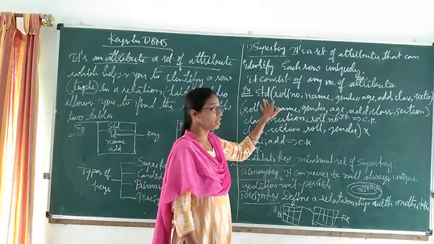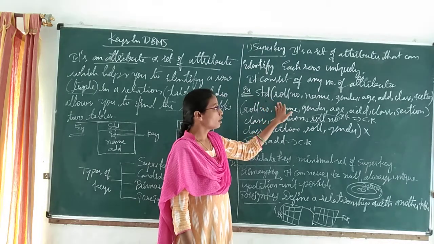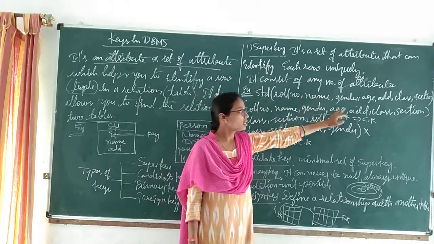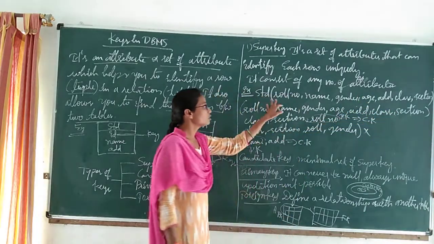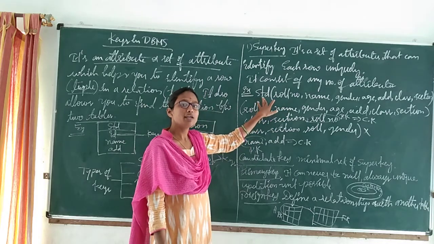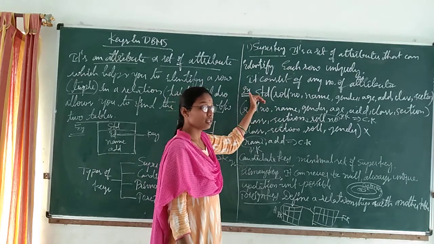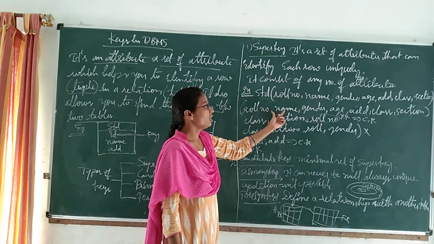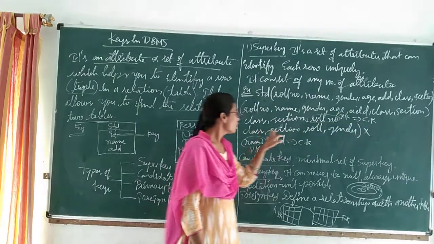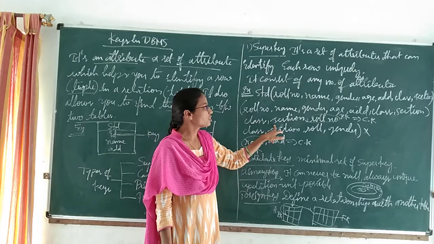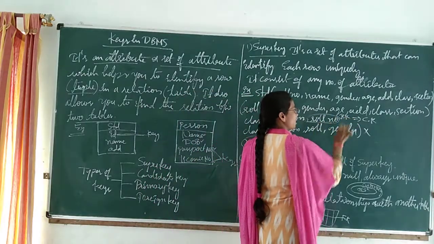Example, the student relation. The student has the attributes roll number, name, gender, age, address, class, section. These are all the set of attributes of the student relation. In this, roll number is a primary key.